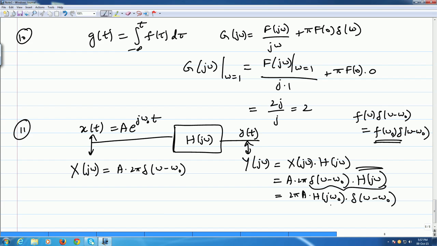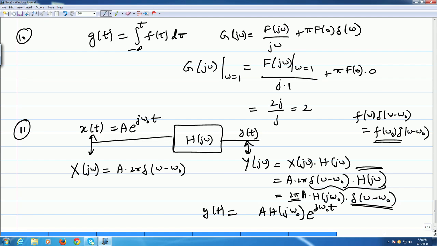So, from here if you want to go back to the time domain, you quickly get that y of t is 2 pi a h of j omega naught. Remember, h of j omega naught is now a constant, it is not varying, and in fact the 2 pi will get absorbed into that. So, let me write this. So, 2 pi times delta omega minus omega naught actually becomes e power j omega naught t when you do the Fourier transform.